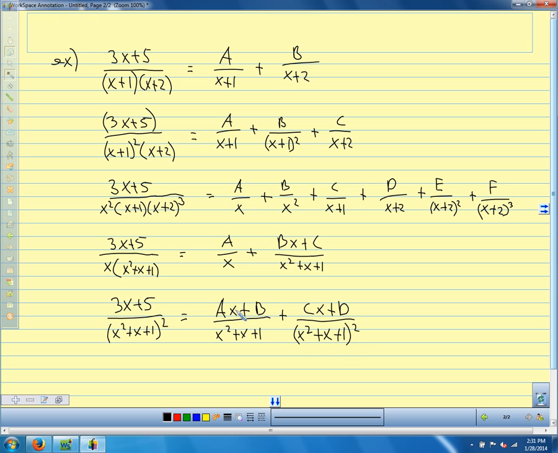So the numerator has to be in this form for our quadratic factors, and then I have one fraction for each power that's in the denominator. So that's how we break those down. That's what the rules that I just said tell us to do.